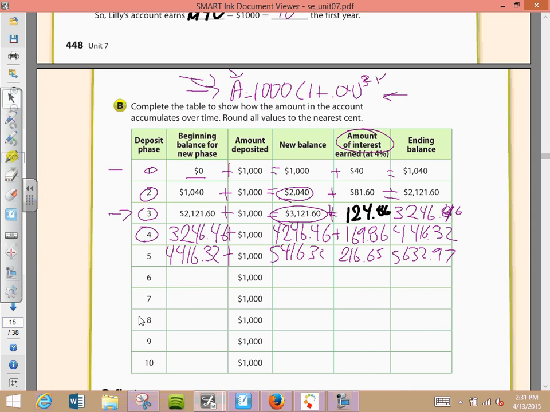That was compound, right? For the end of the third year, we have made $3,246.46. Write that down. $3,246.46. That's our total. That's what we've saved and our interest. So how much interest have we earned so far?